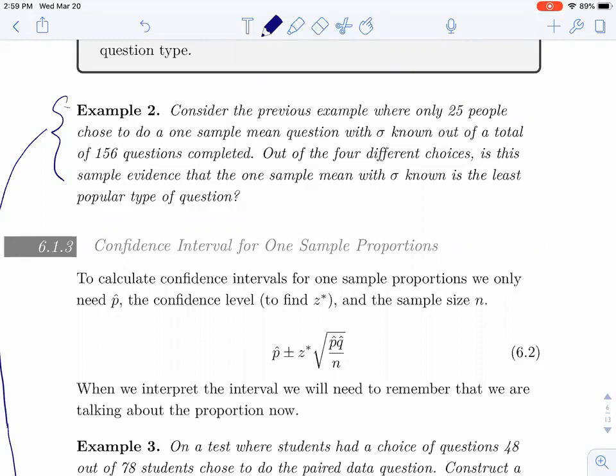And so now, everything's kind of the same, but now we're just flipping the sign in our alternative hypothesis to show, well, is P for the one sample mean sigma known question significantly less than 0.25?